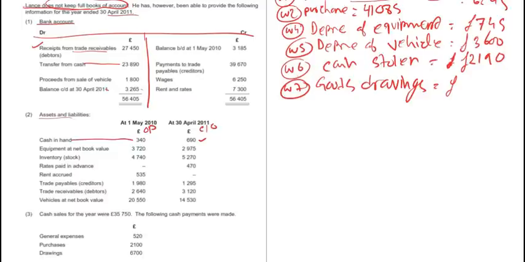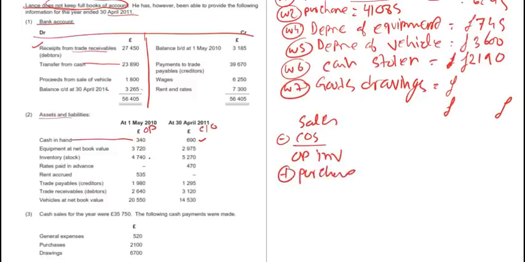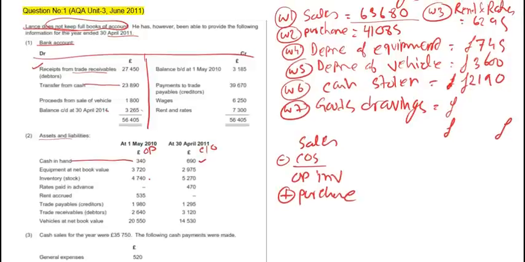So we'll start with the sales figure, two columns, then cost of sales. Under cost of sales, opening inventory, we have the figure here, plus purchases. We found it already at the top. There we go, purchases. We've got sales as well. Our sales is 63680.